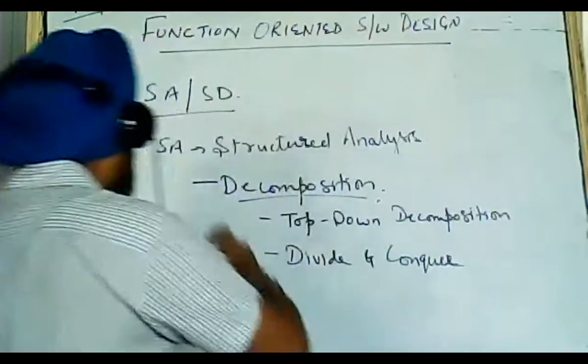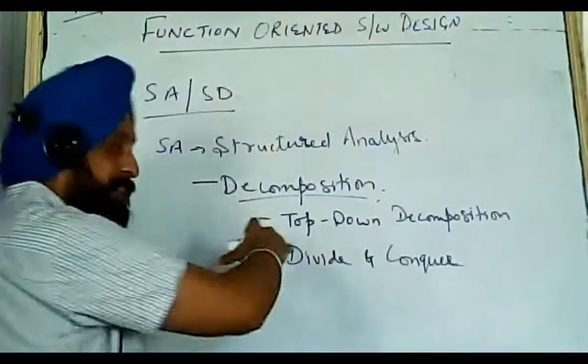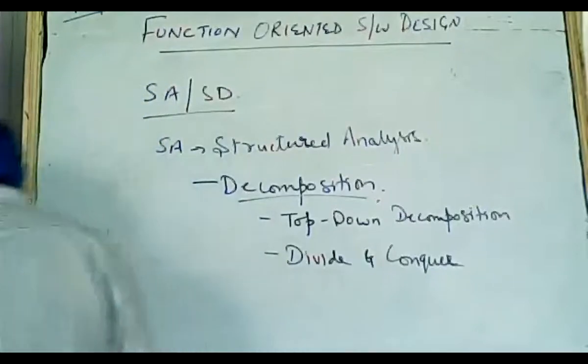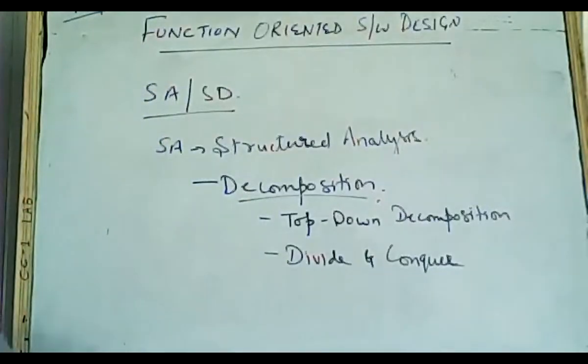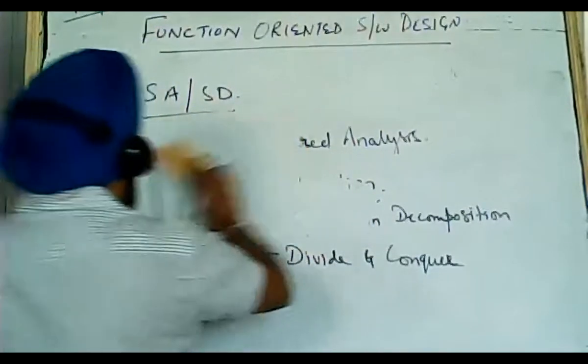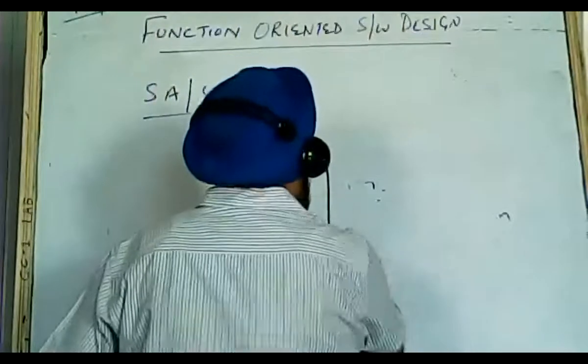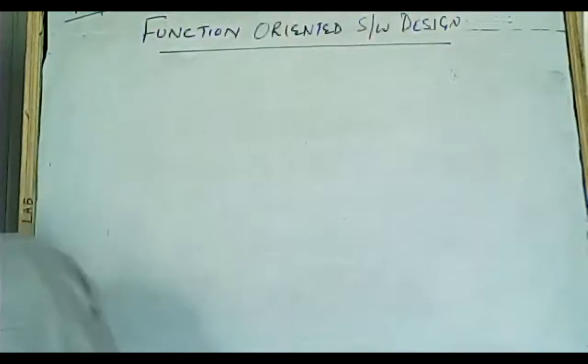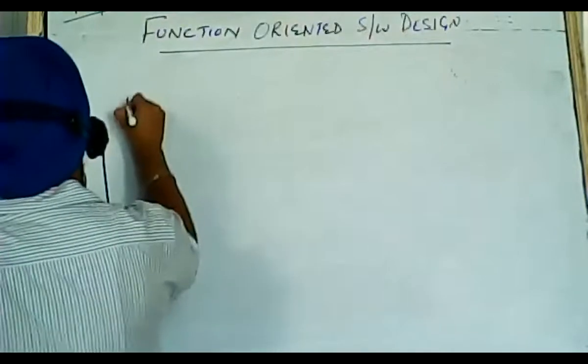So this is the basic approach of structured analysis. So how to do structured analysis? What are the different tools available for structured analysis? The main tool available for structured analysis in function-oriented software design is the DFD.